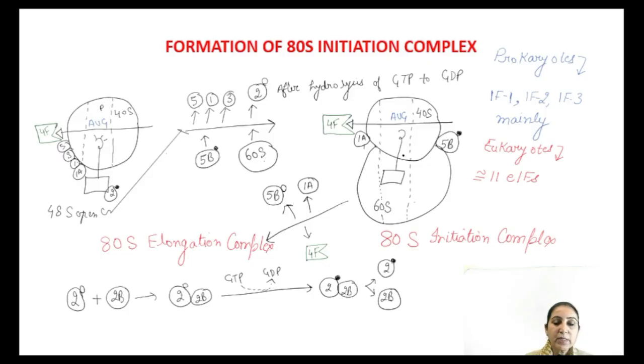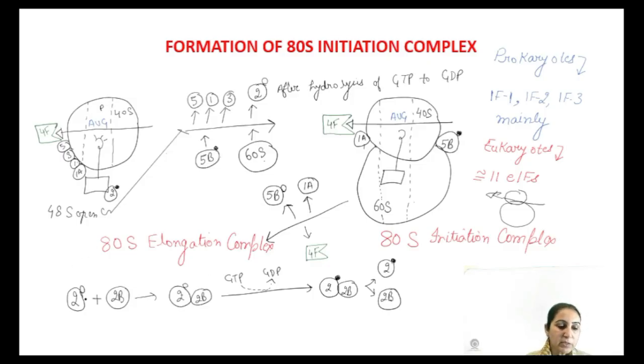So that we are left with the smaller subunit with the larger subunit with our mRNA here, and no initiation factor is present. All have been removed and this complex gets changed into the elongation complex.